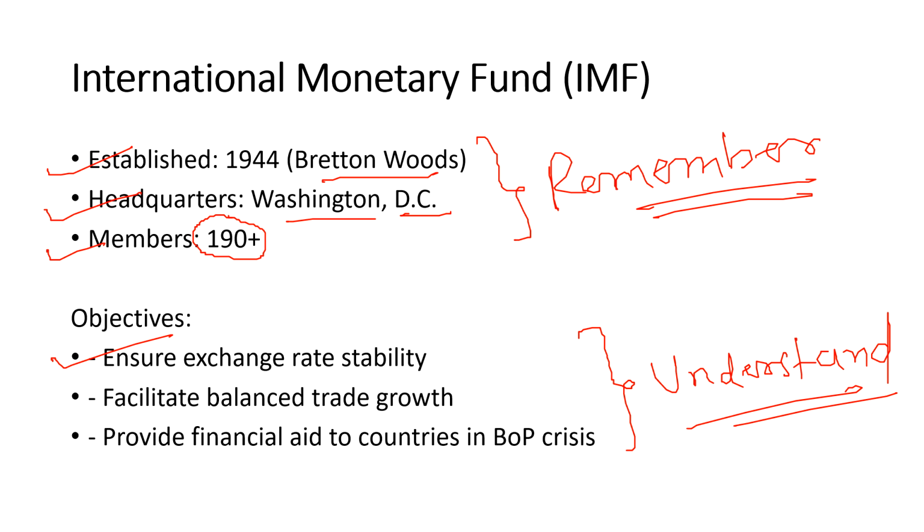The IMF is the responsible body who can ensure exchange rate stability. How? The objective, or the achievement, of the IMF is to avoid competitive devaluation and, sometimes, currency manipulation as well.